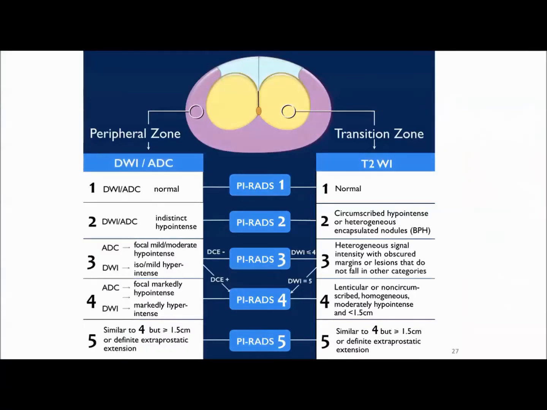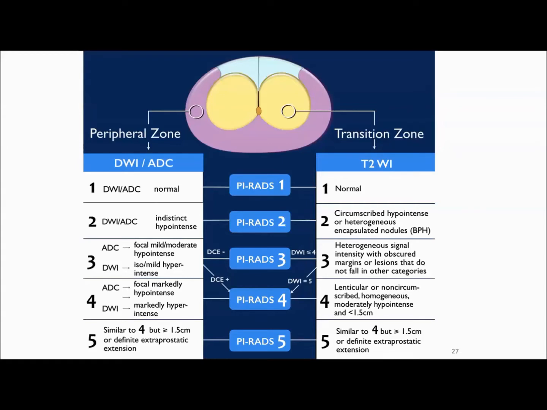Thank you, Dr. Hamad, and Assalamu alaikum, everyone. A brief introduction about PIRADS. PIRADS is the Prostate Imaging Reporting and Data System, which is a structured reporting scheme to report multiparametric MR for the evaluation of suspected prostate cancer, and it has a score from 1 to 5.